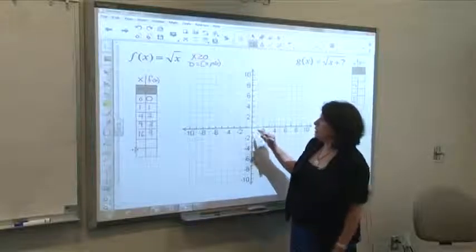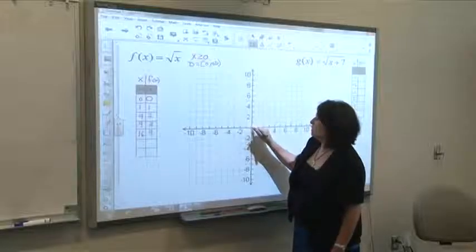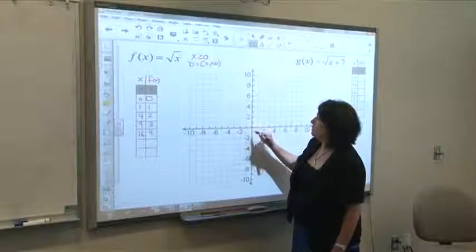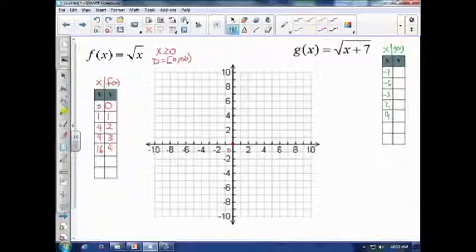So I'm going to start right here. If x is 0, y is 0, so that's the first point on the graph. If x is 1, y is 1, so 1 and 1 is on the graph. If x is 4, y is 2, so there is 2 and 2. If x is 9, y is 3, so 9 and 3.